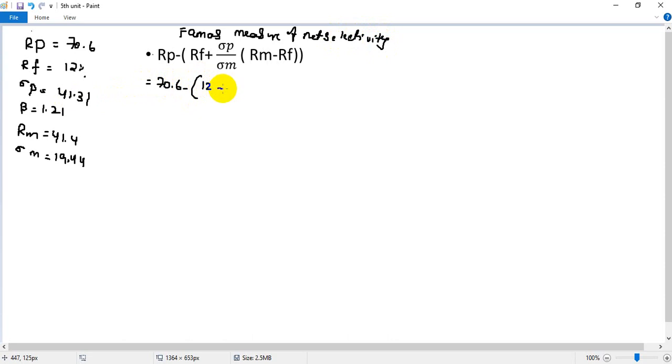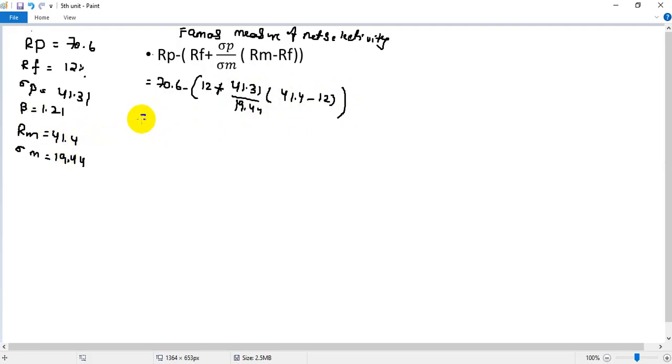So 12 plus standard deviation of P, 41.31, divided by standard deviation of M, 19.44. Open the bracket, RM is 41.4 minus RF, 12.